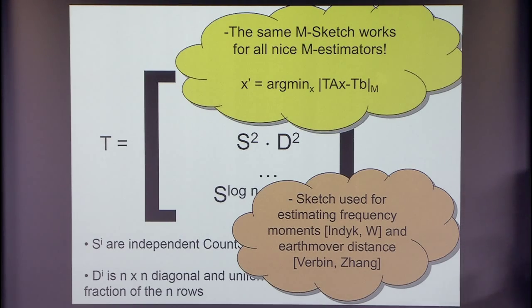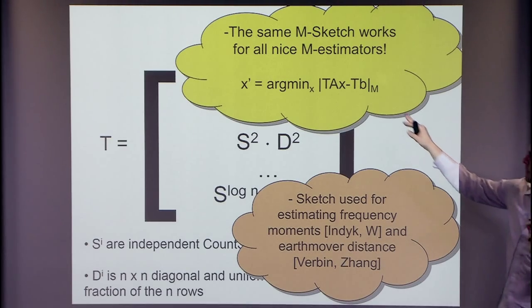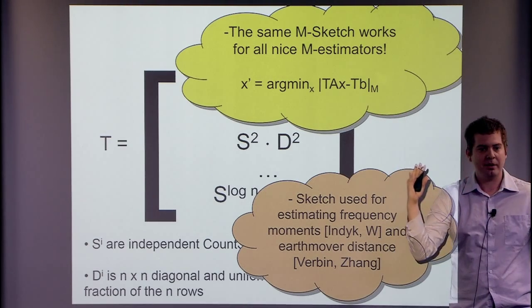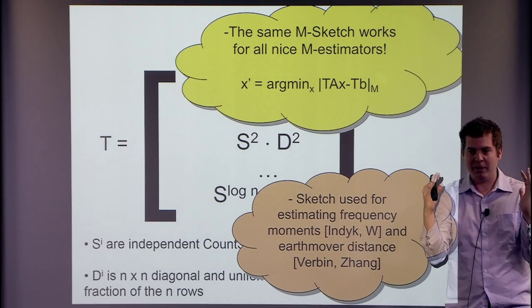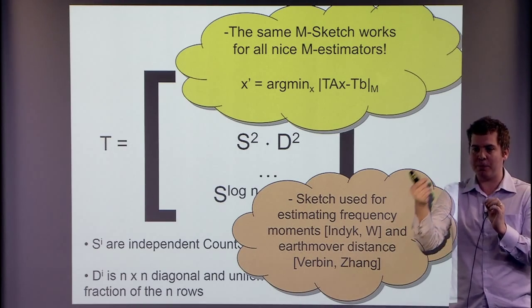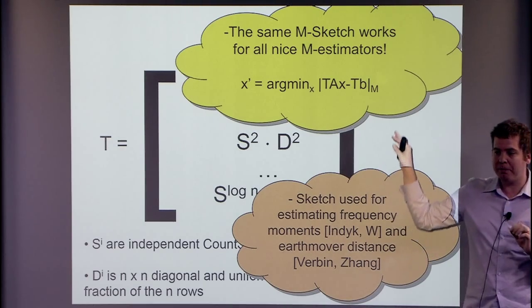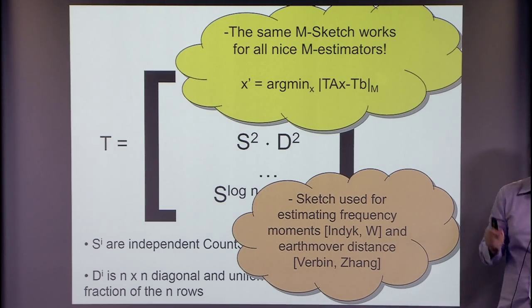We can't do that, but what we can show is that this matrix T doesn't contract anything in the column space of A adjoined with b. And for the optimal vector, it doesn't dilate it by more than a constant factor. And that's enough for the regression problem. It's lopsided in that sense.